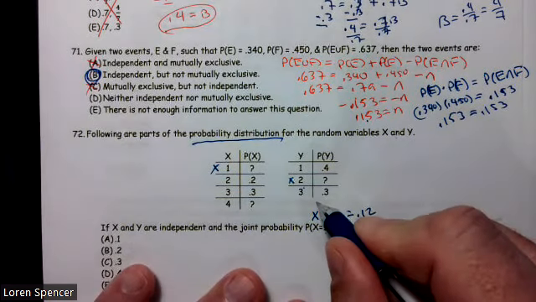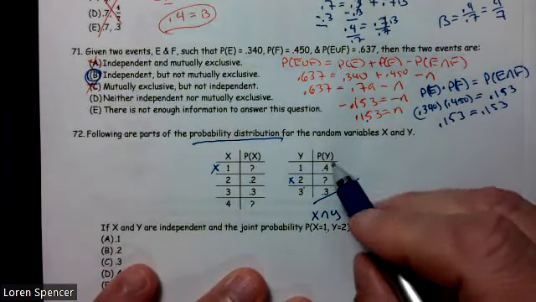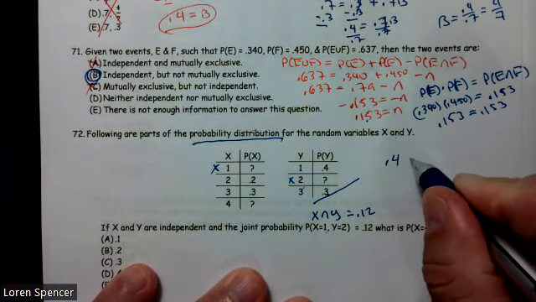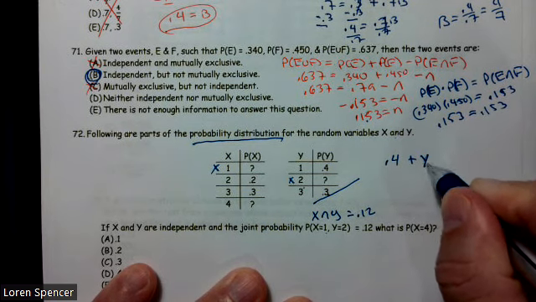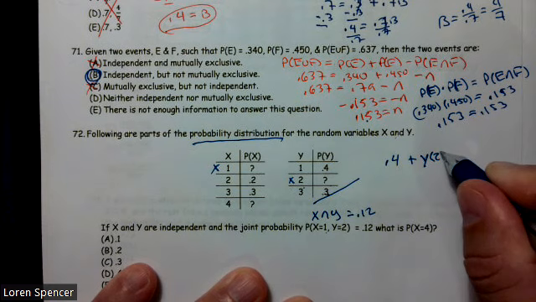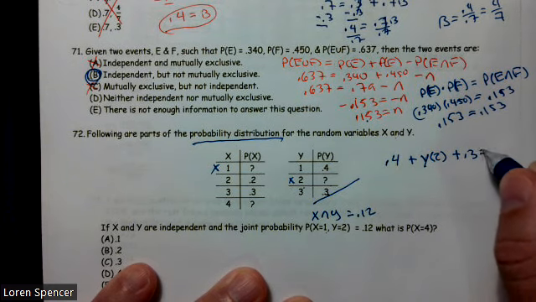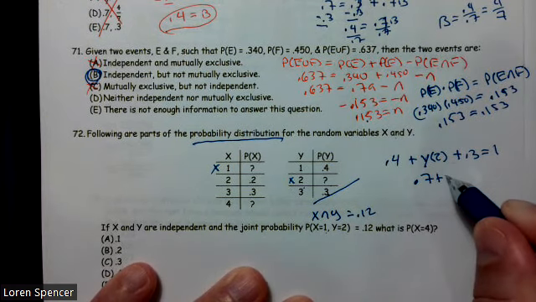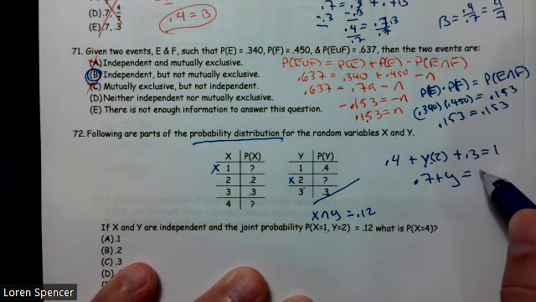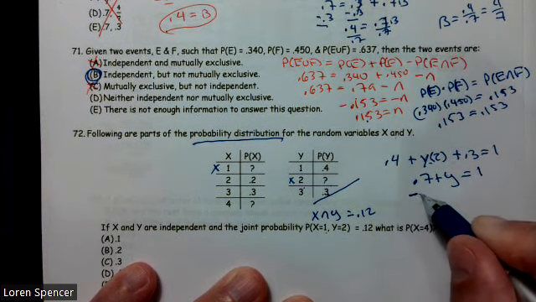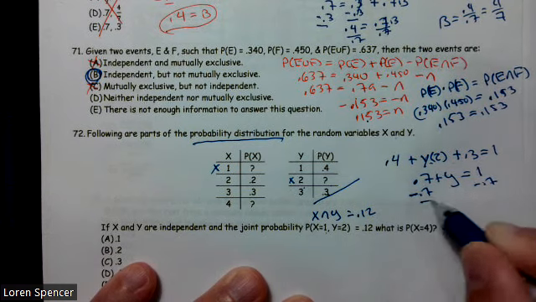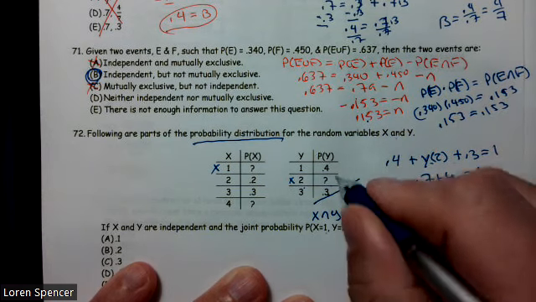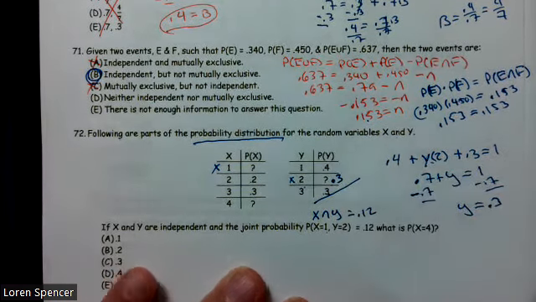But I know this is a valid probability distribution, so I add those up: 0.4 plus this value Y2, plus 0.3 has to equal 1. I add these two up and I get 0.7 plus this y value equals 1. Subtract 0.7 from both sides. Now I know that y equals 0.3. So this value right here is 0.3.